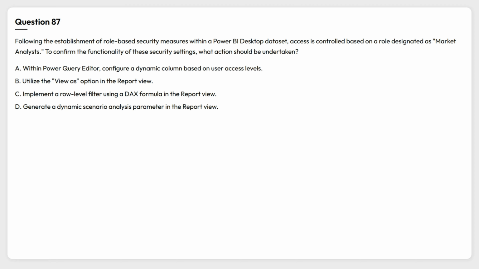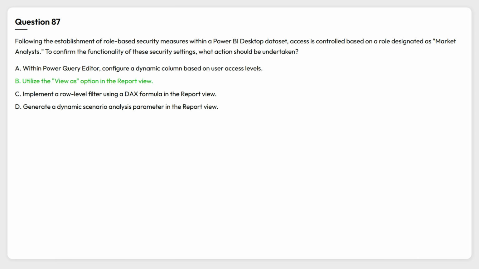Option A. Within Power Query Editor, configure a dynamic column based on user access levels. Option B. Utilize the View As option in the report view. Option C. Implement a row-level filter using a DAX formula in the report view. Option D. Generate a dynamic what-if analysis parameter in the report view.